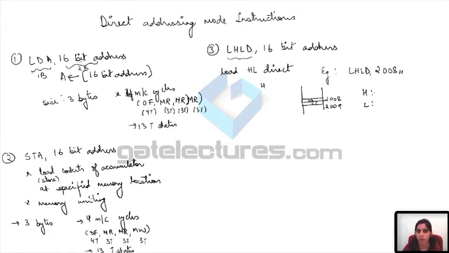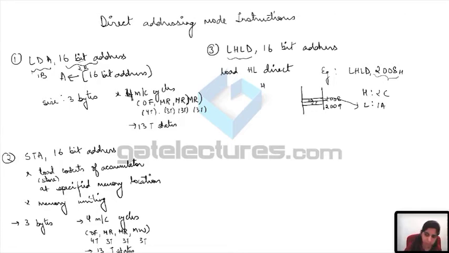One rule I have already told you: the lower memory location goes in the lower register. So the contents of 2008 are loaded in L, and the contents of 2009 in H. Contents of H are going to be 2C, and contents of L are going to be 1A. This is how the data located at these memory locations is stored into the HL pair.